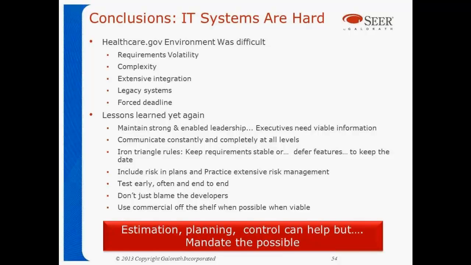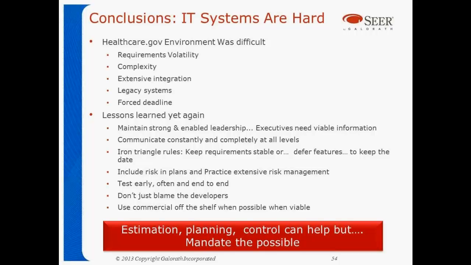Including risk analysis and plans and practice is critical as well, we believe, for viable, successful projects, and practicing risk management. Testing early and end-to-end is critical as well. Make sure the system does what it should, and by the way, not just in the nominal case, but stress case conditions. Don't blame the developers. There's an awful lot of very competent people working on every software and IT system.